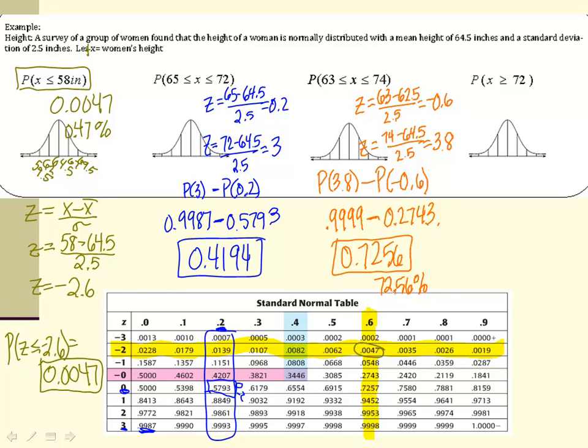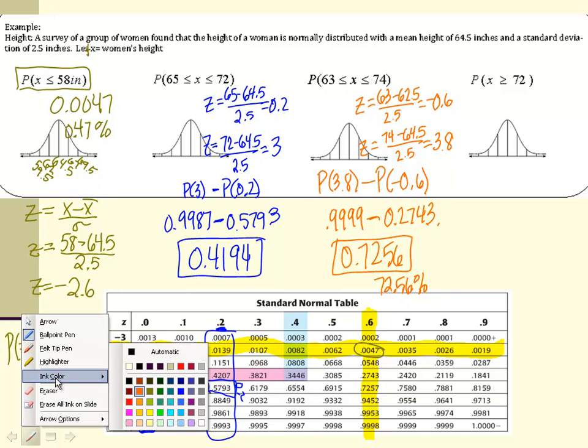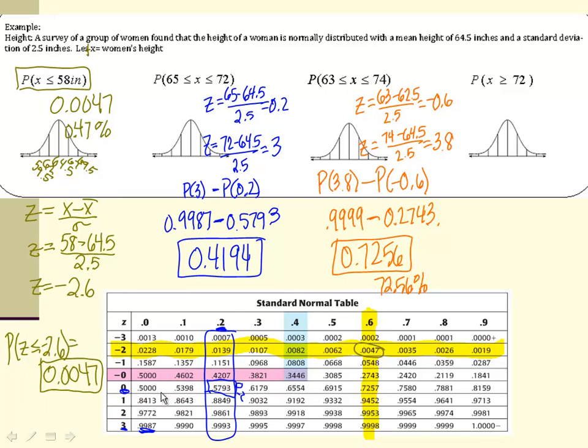Let's do our last one here. For this last problem, we want the probability that our value is greater than or equal to 72. Now, remember I said earlier, our standard normal table gives us the probability that our value is less than 72. So what we really want here is 1 minus the probability that x is less than or equal to 72.